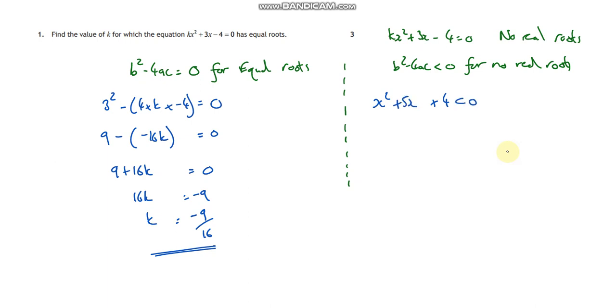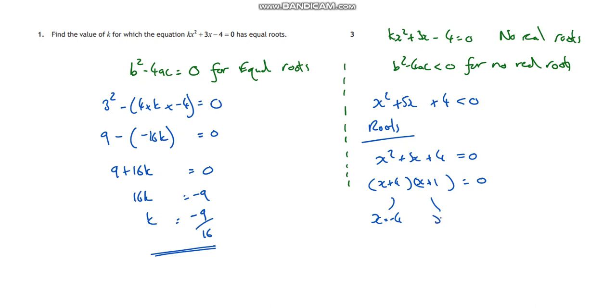Say you got something like that when you worked it out. You would then be working out your roots and saying, well, x squared plus 5x plus 4 is equal to 0. And I'm just going to make that really clear that this one was less than 0. Notice how the signs change there. Okay, and then you're saying, well, I need to factorise that. So x plus 4, x plus 1. So you know that x is equal to negative 4 and x is negative 1. And at that point, you would do your sketch.